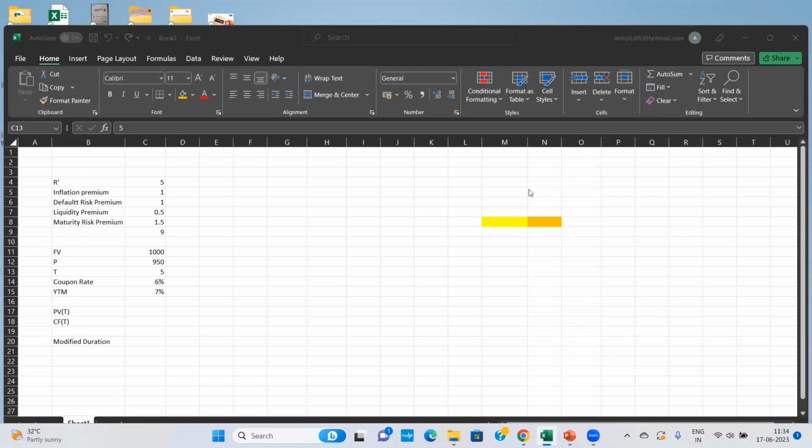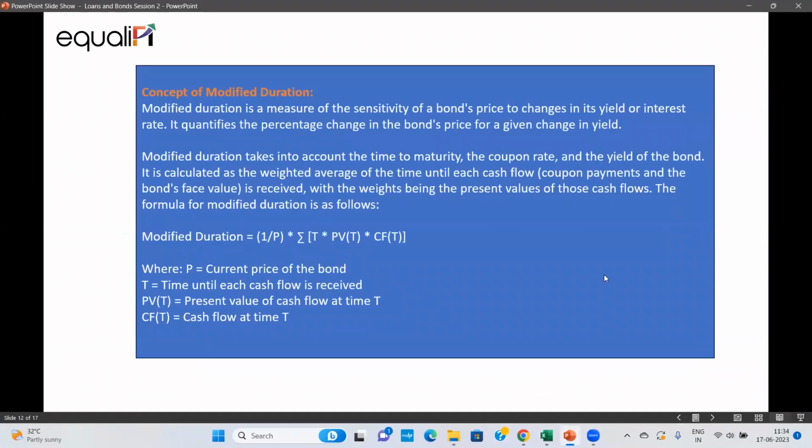Okay, let us go to calculate price value of a basis point, right? So we know the modified duration is 4.16, considering the given values. Now I have to find out the price value of a basis point.